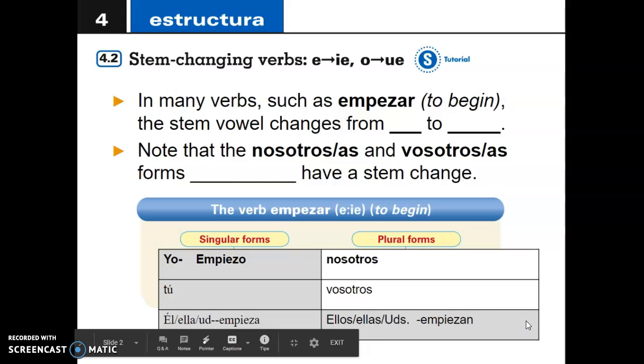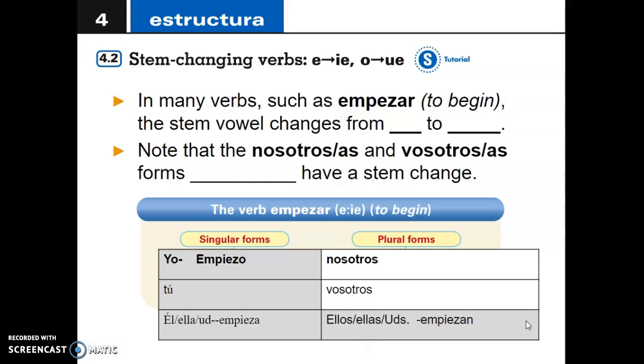In many verbs, such as empezar, the stem vowel changes from, we already saw this, E to IE. That's what those symbols behind the verbs mean, that you see probably in wordplay and in your vocab. What those mean is what you're learning right now.